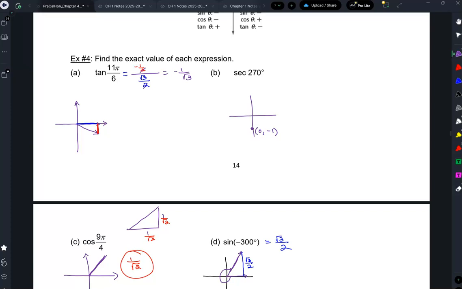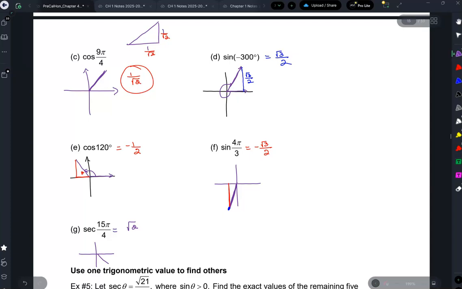It's undefined because there's no extra side. Okay, so listen. The cosine here is 0, right? So cosine of 270 is 0. Secant is 1 over 0, undefined. Okay, no negatives. Okay, now, oh, look at that.